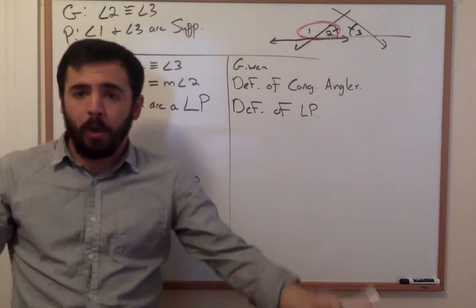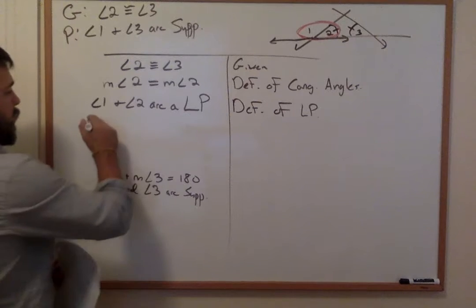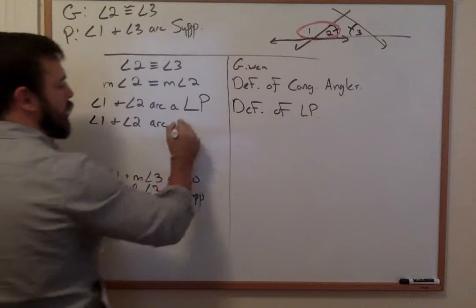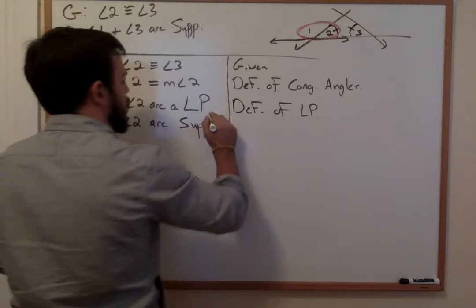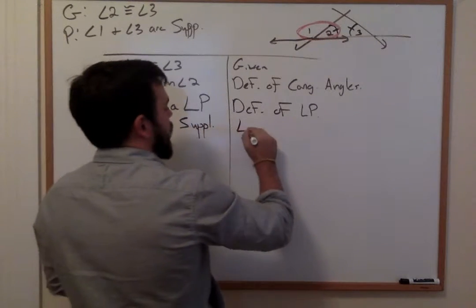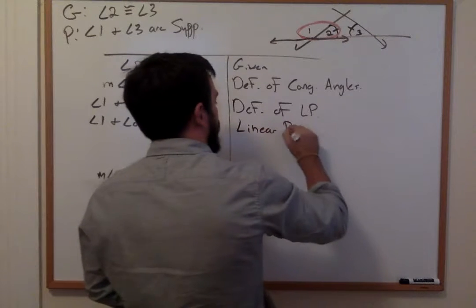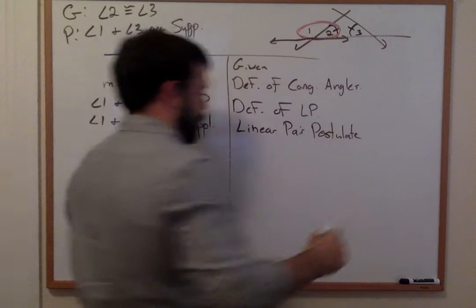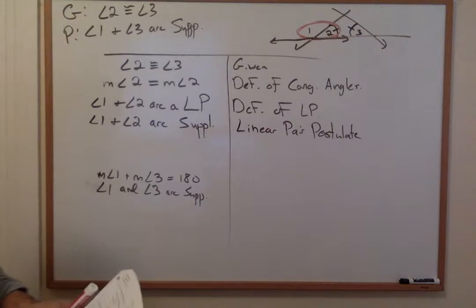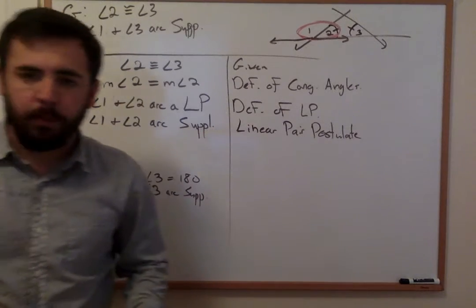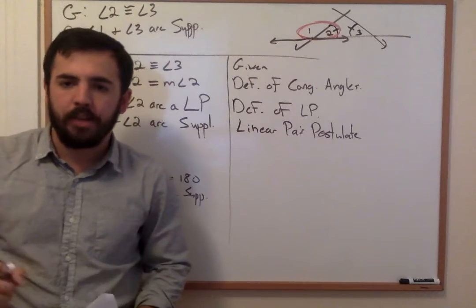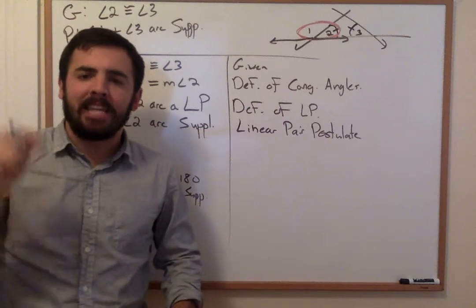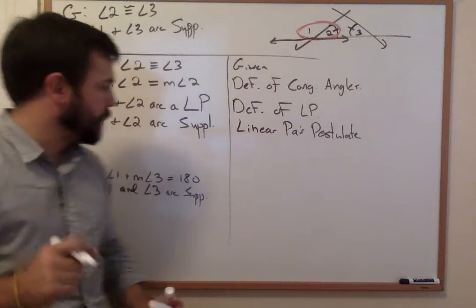Now, what do I know about linear pairs? Linear pairs are supplementary. So I know that angle 1 and angle 2 are going to be supplementary. And that is by the linear pair postulate. Okay? So the definition of linear pair allows me to identify a linear pair. The linear pair postulate allows me to then say that those angles are supplementary.